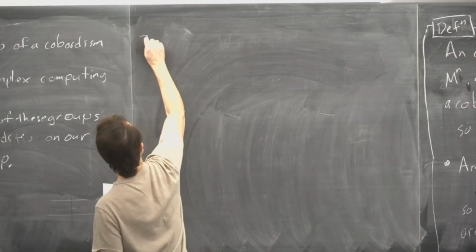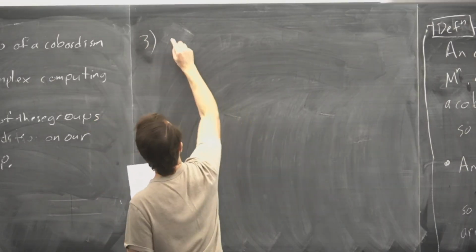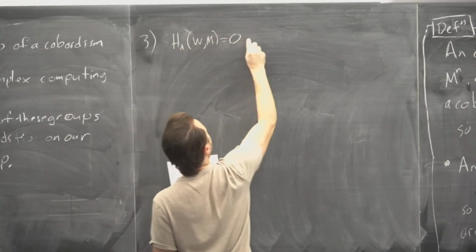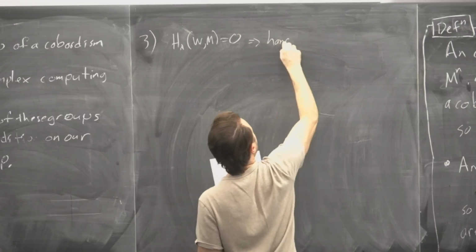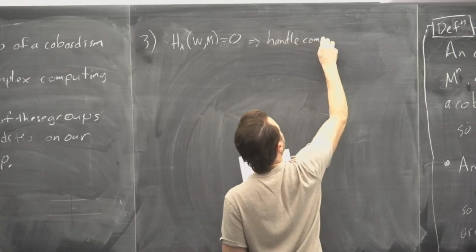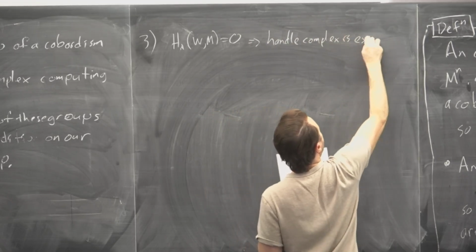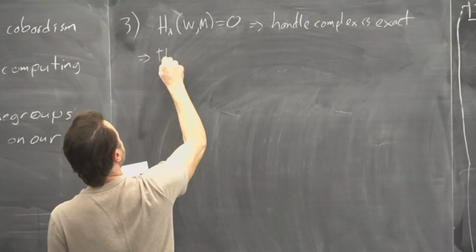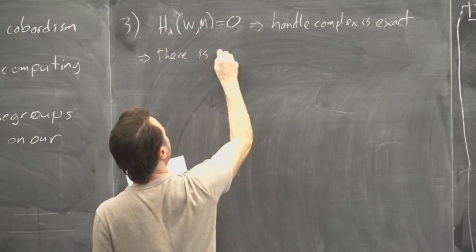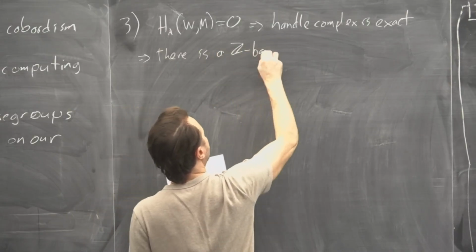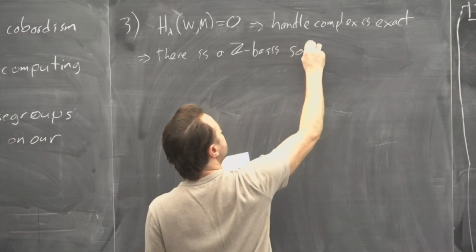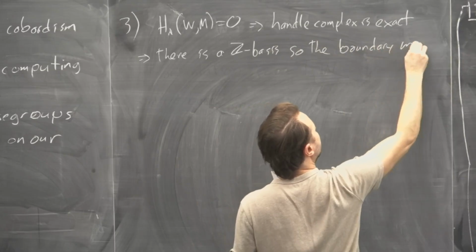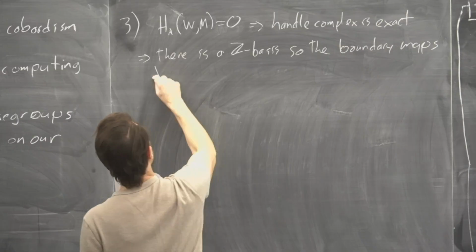So for example, I guess that segues right into this. The handle complex is exact. So what this means algebraically is that there's a basis for it over Z. So the boundary maps take the following form.